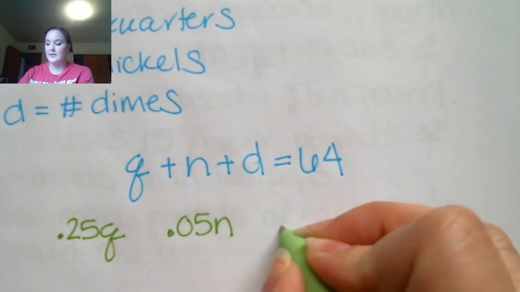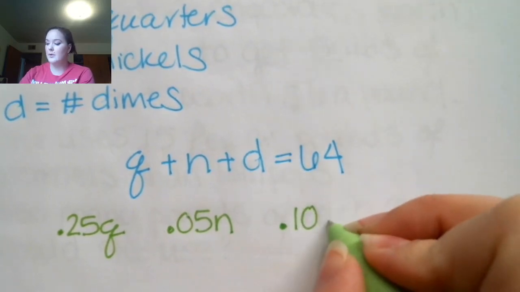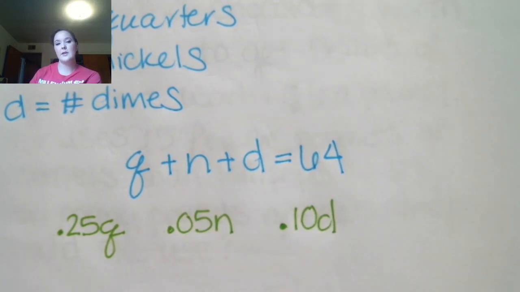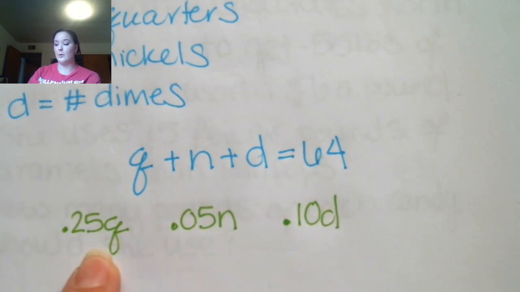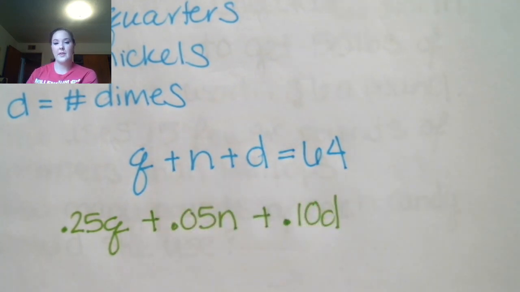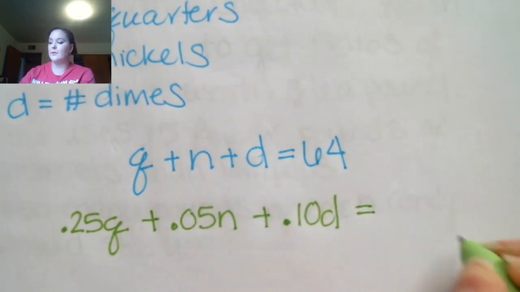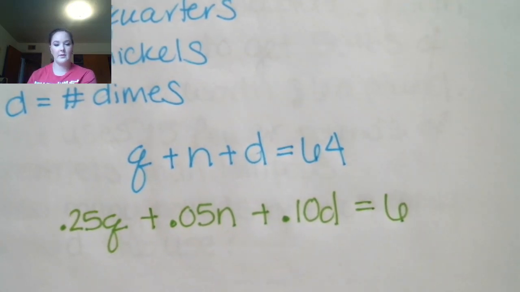Then I'll do the same thing for dimes: 10 cents per dime times the number of dimes, and this will give me the value for all of the dimes. So this is the value for all the quarters, all the nickels, and all the dimes. If I add them together, that should be the total value, which is $6.